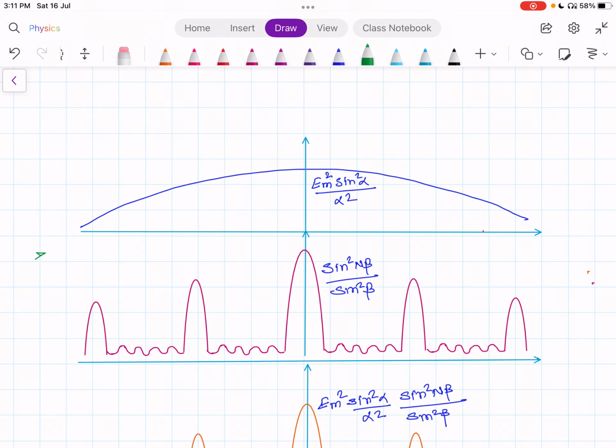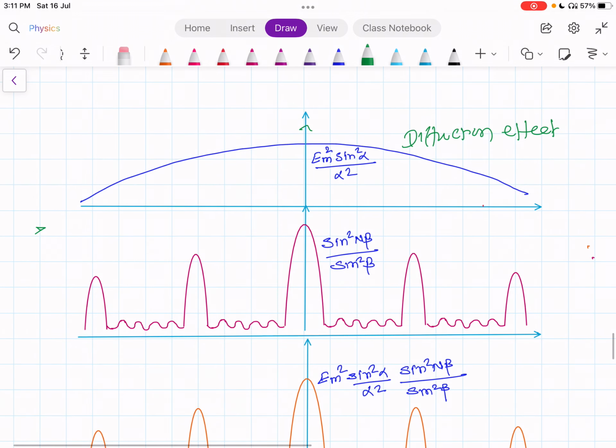And in this case, this is the diffraction effect, that is diffraction due to a single slit. This is the intensity axis, which is equal to Em square sine square alpha upon alpha square, and this is the principal maxima due to a single slit.